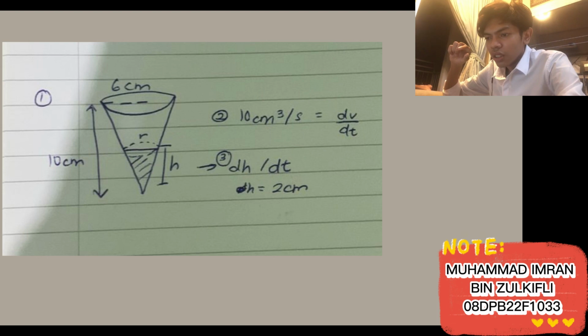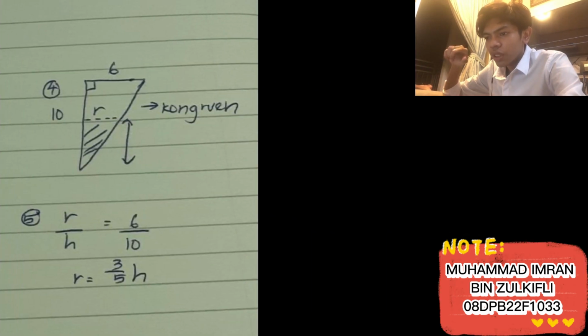Can you see in number 4 already, the triangle of the cone, the triangle inside, is 6 and 10, based on the cone just now. It has a radius and the depth of the water. Because the triangles are similar, we can use the ratio r over h equals 6 over 10.